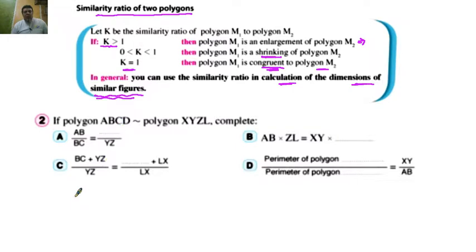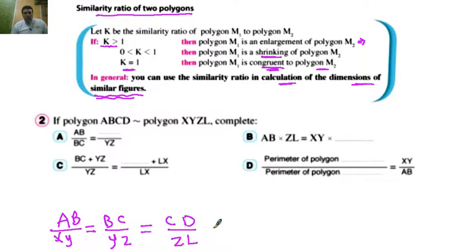You can use the general relation AB over XY equals BC over YZ equals CD over ZL equals AD over XL. This is the general relation of the proportional sides.